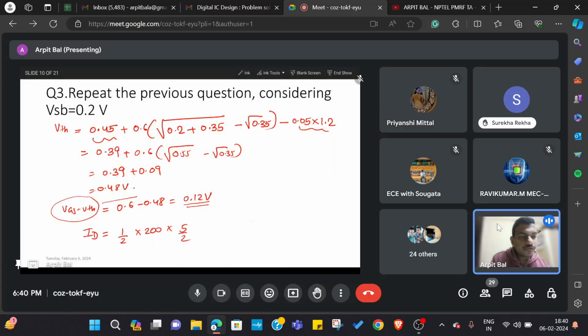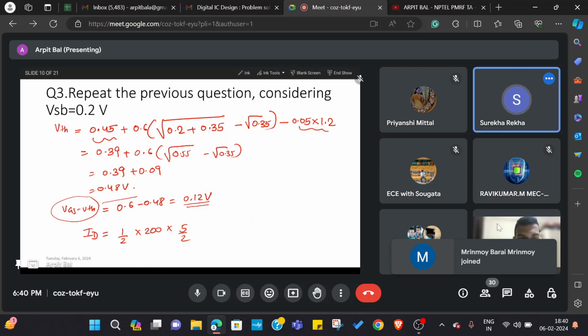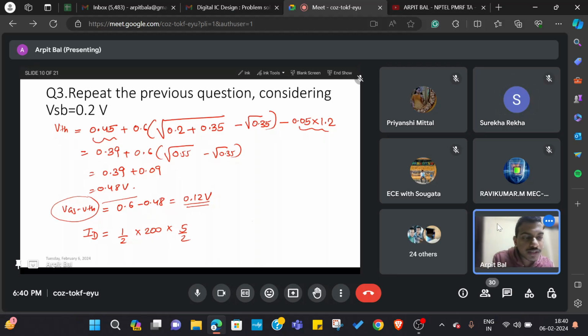Yeah, so if VGS minus VTH and VD sat N both are the same, it means that the transistor is just on the verge of saturation, right? Okay, sir. Thank you. So the V min is anyways going to remain the same whether you consider VGS minus VTH or VD sat min.